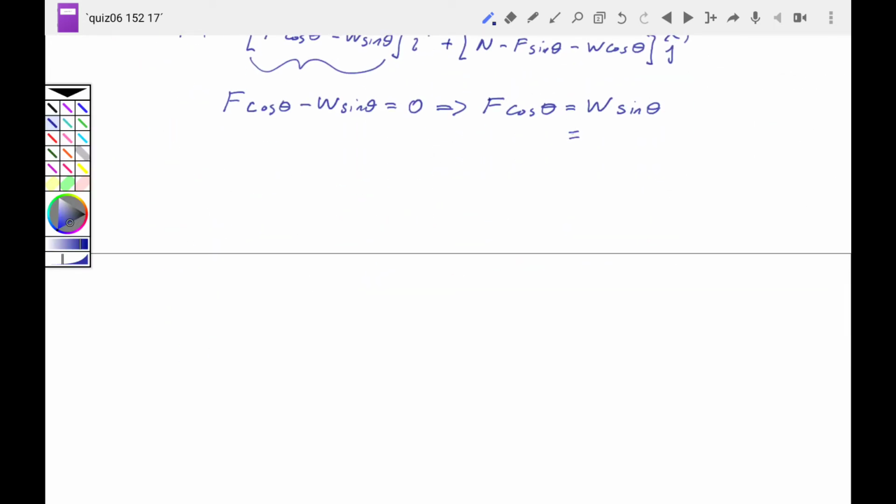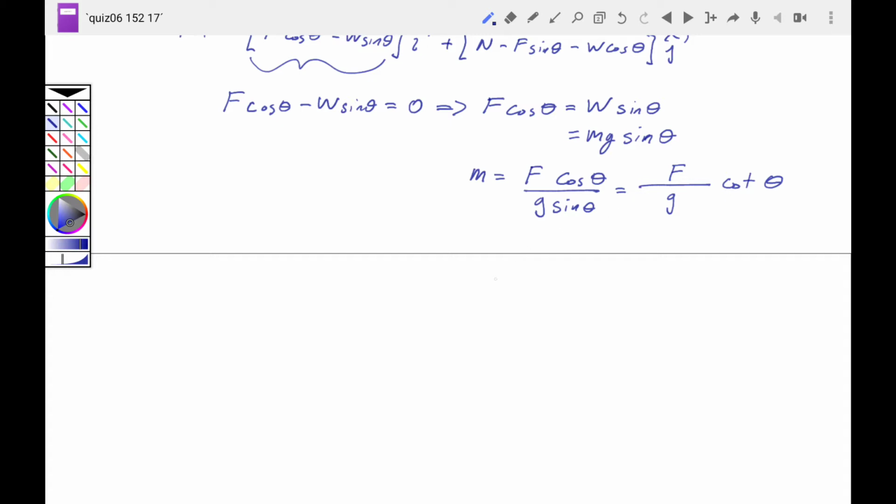And the weight, as usual, is just mg, and therefore, solving for m, F cosine theta divided by g sine theta. And because we like to simplify, this is g cotangent theta. Cotangent is just 1 over tangent.